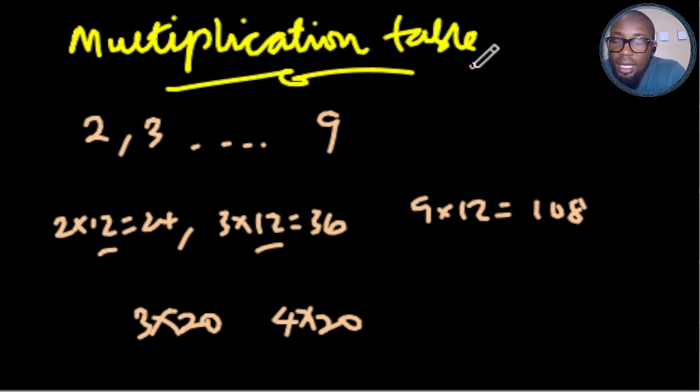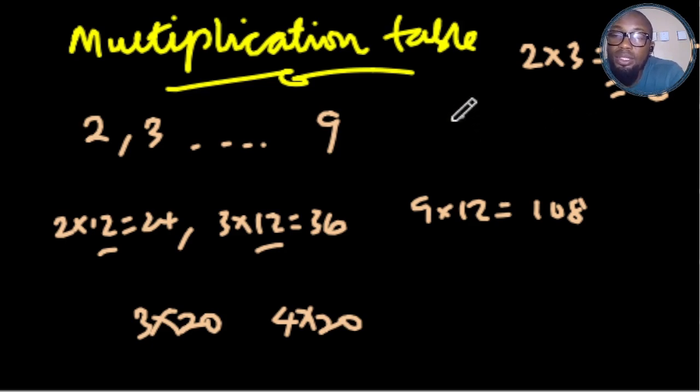Rather, they should understand that multiplication is continuous addition. 2 times 3 is the same thing as 2 plus 2 plus 2, and they will go 2 plus 2 plus 2, maybe on their fingers, before they get 6.